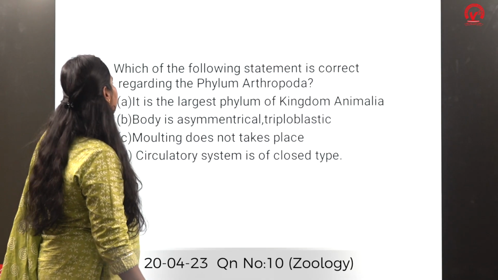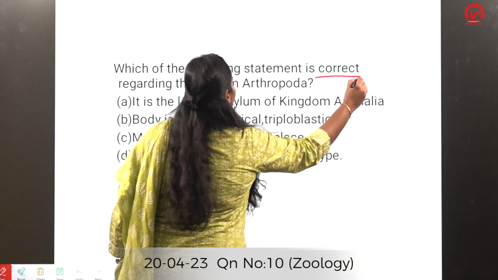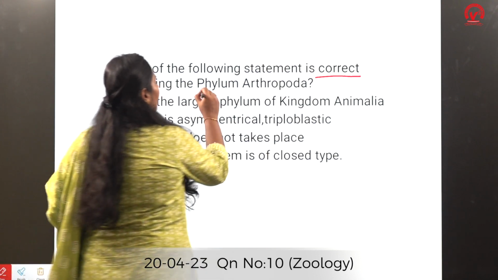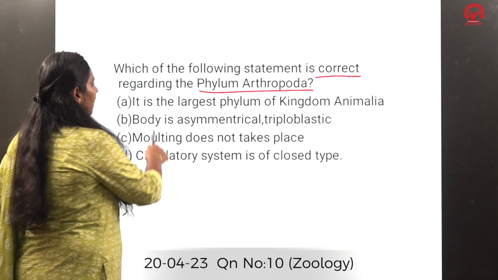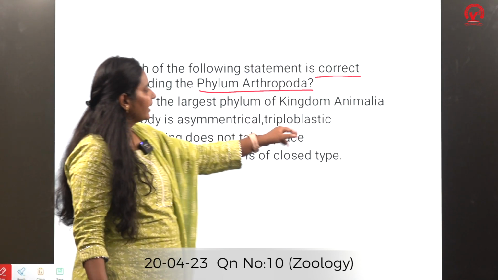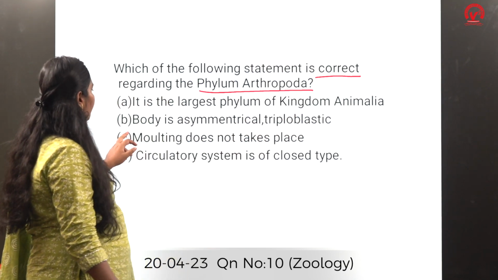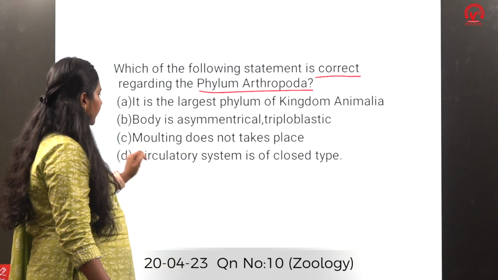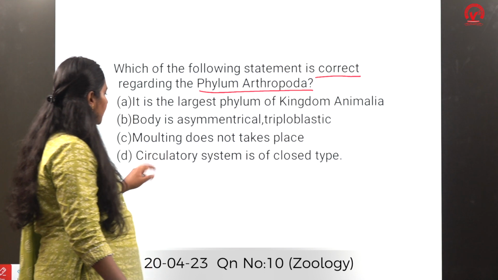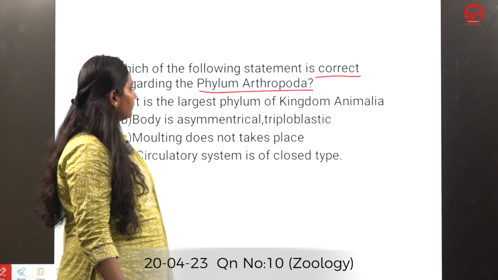Which of the following statements is correct regarding the phylum Arthropoda? The options were: it is the largest phylum of kingdom Animalia; the body is asymmetrical and triploblastic; molting does not take place; the circulatory system is of closed type.